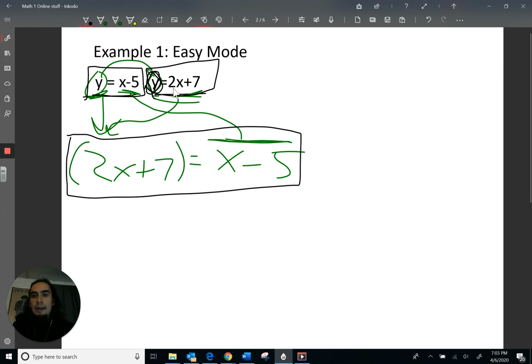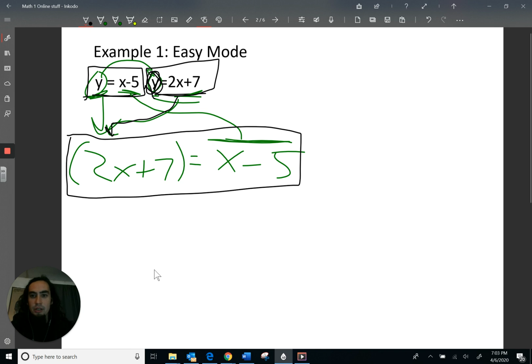I know that y is 2x plus 7, so that's why we were able to replace our y value with 2x plus 7, sorry. All right, so that's the substitution part. So as far as the substitution goes, we're done. Now, we didn't finish the problem yet, but we did finish the substitution. So let's go ahead and keep working, and let's get the final answer just like in the last example.